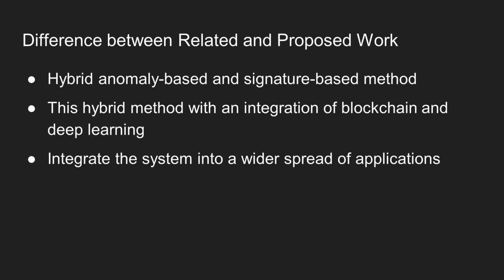So if you take that hybrid method and then you integrate it with blockchain and deep learning, as I said, it should, so deep learning should help anomaly-based systems decide what should be considered an attack on top of already having the normal profile.